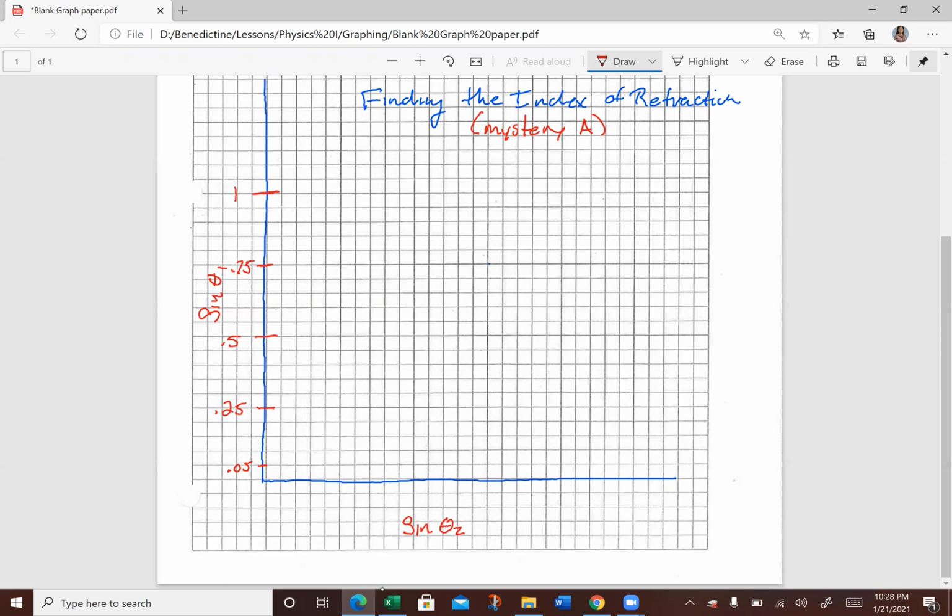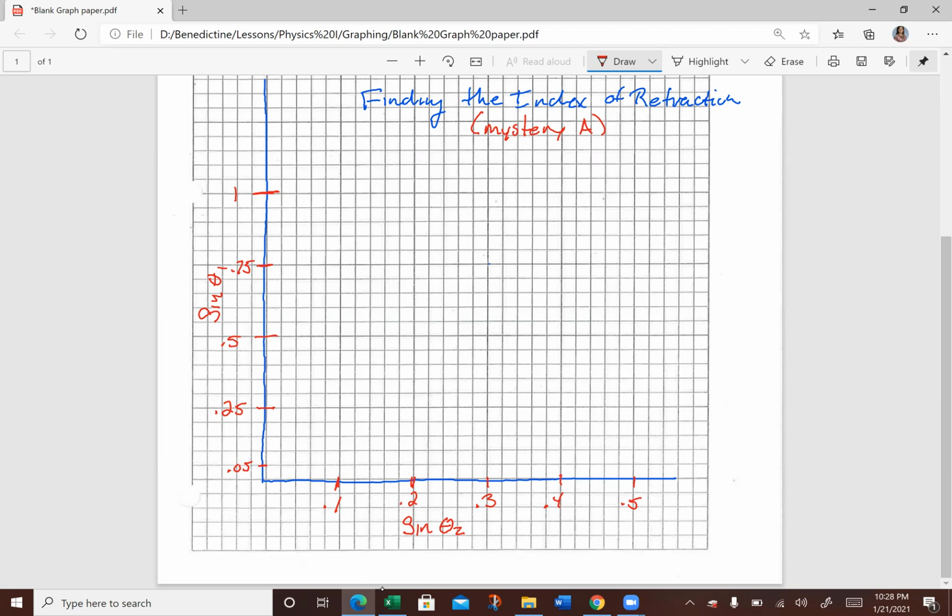For this axis, if I want to go up to 0.5, I could go 0.1, 0.2, 0.3, 0.4, 0.5. That might work. That could be easy. That's going to get me that my last point is going to be somewhere up in here, which spreads that out quite a bit.